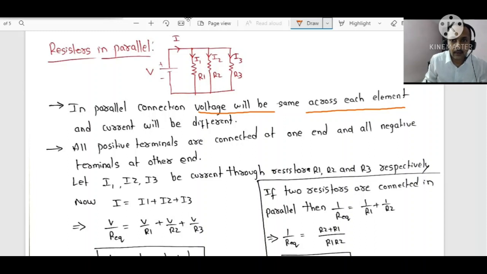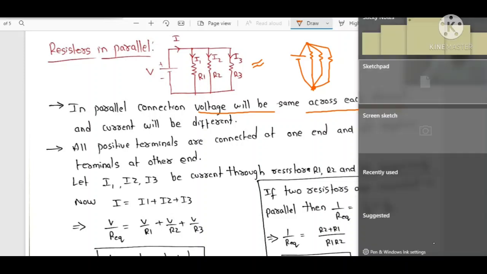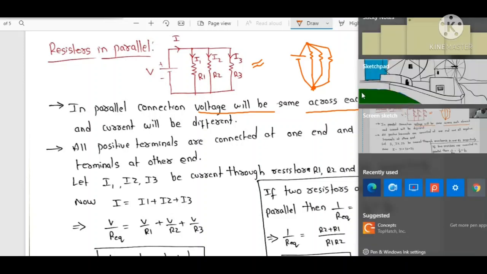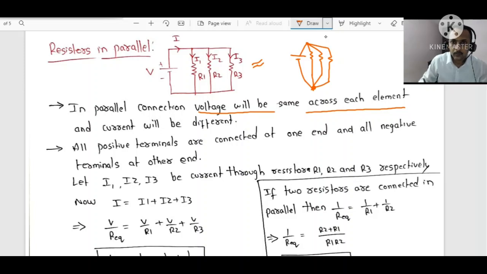Now this diagram is also equivalent to this one, with positive and negative, R1, R2. Both diagrams represent the same thing. Observe. Here this is the voltage source. The total current I is entering like this.